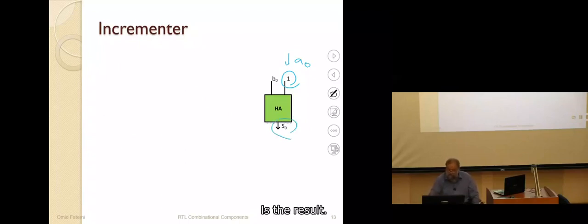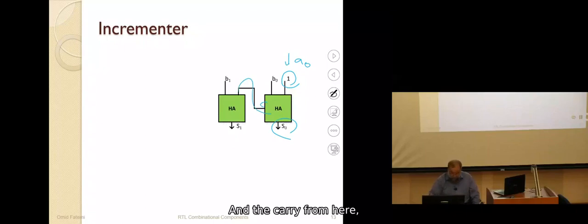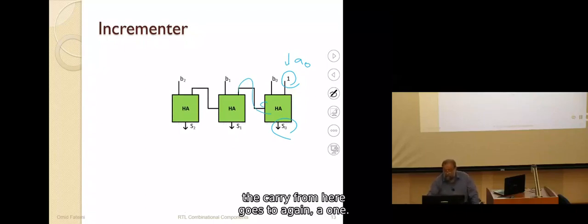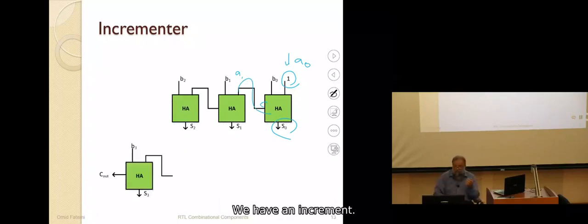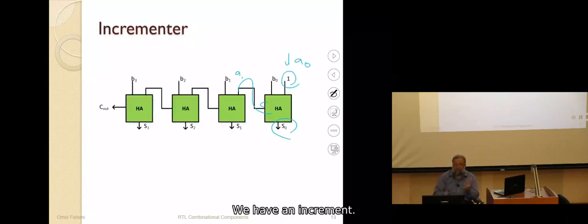So this is the result. And the carry from here goes to, again, A1, because half adder doesn't have carry in input. So it goes to A1, so we have an incrementer.